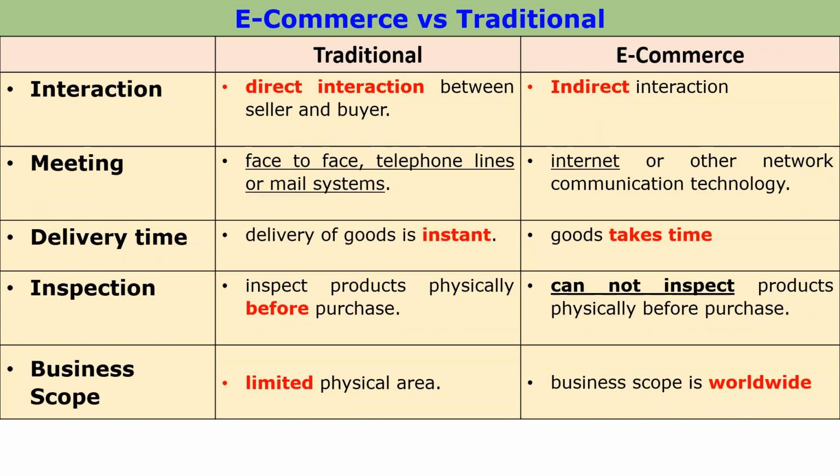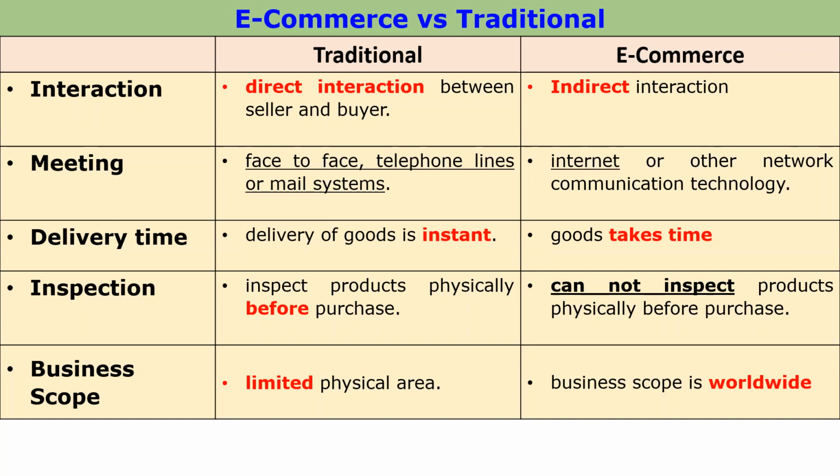Then business scope. That means the area in which you are doing the business. Under traditional, it is limited to the physical area, only a limited area that the particular organization spreads over. But if you are doing e-commerce business, the business scope is worldwide.